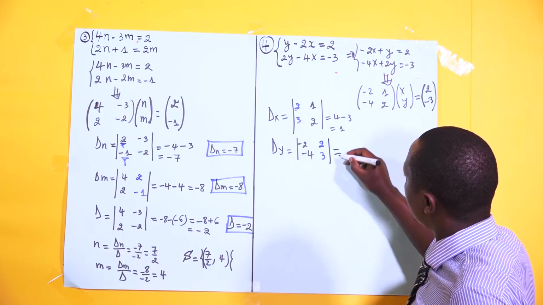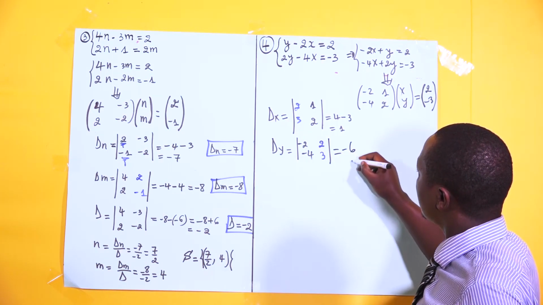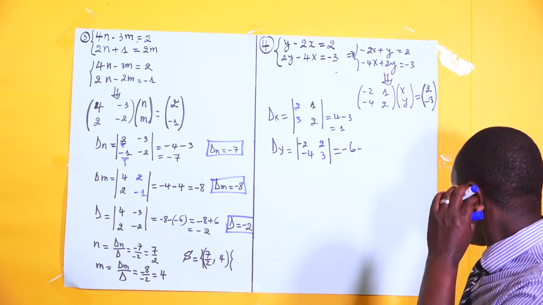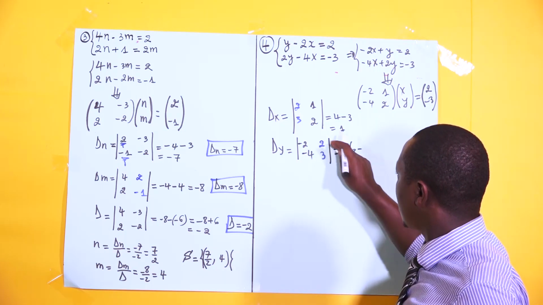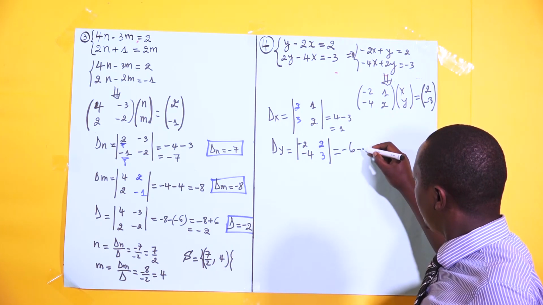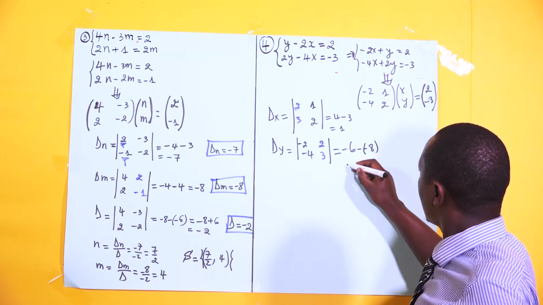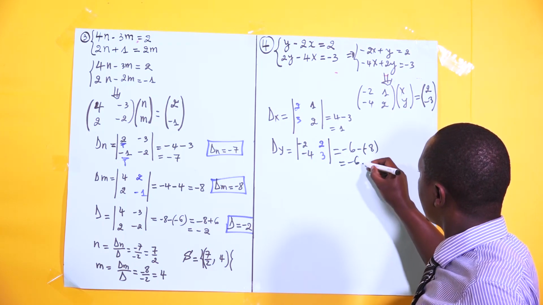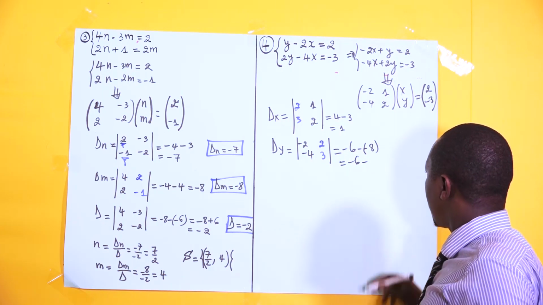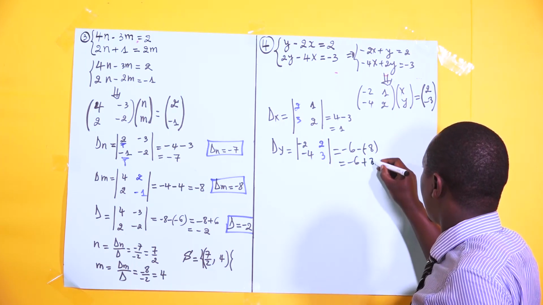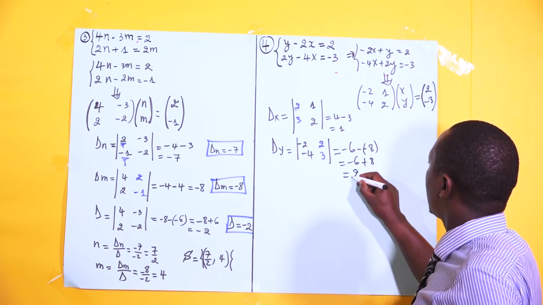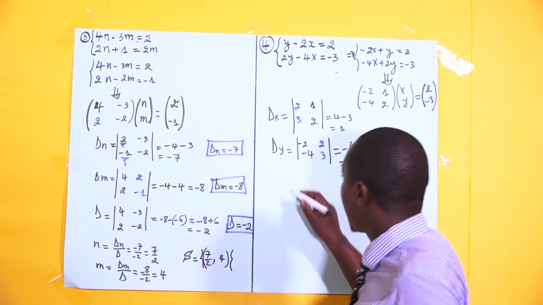Multiplication of these numbers will give us negative 6, and negative, how much? Multiplication of this and this gives us minus 8. So here the answer is negative 6 plus 8. The answer is 2.